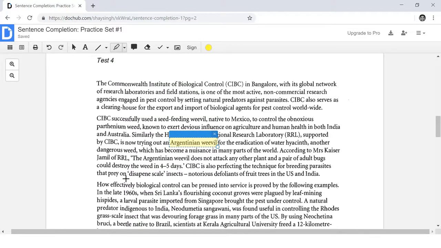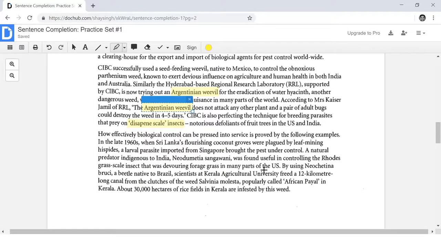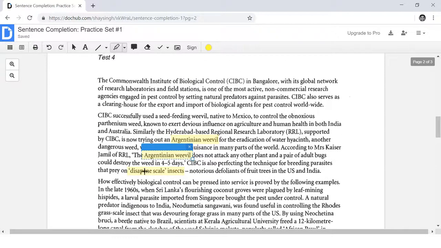And check this out. Down here it says diaspin scale. I'm not sure how that's pronounced, but diaspin scale insects appears right here. It mentions Argentinian weevil here as well. So our answer should be probably somewhere around here. Let's read this sentence.